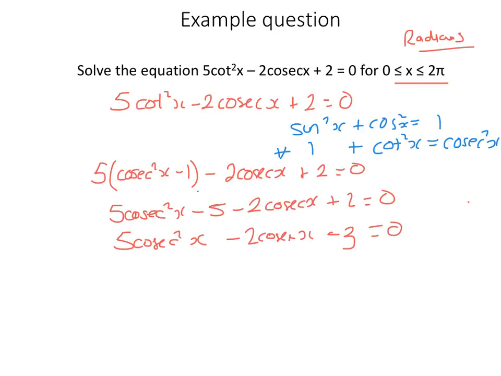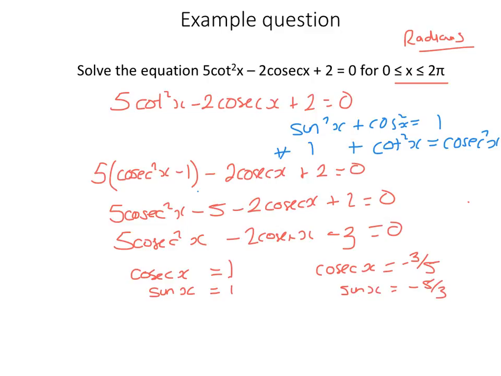And at this point, we know we're going to factorise, but you could actually just use your calculator to solve it. So putting that in a calculator, I'll get cosec x equals 1, so 1 over sine x equals 1. So that means that sine x will be 1. And reciprocating the other solution will give me sine x equals minus 3 over 5.